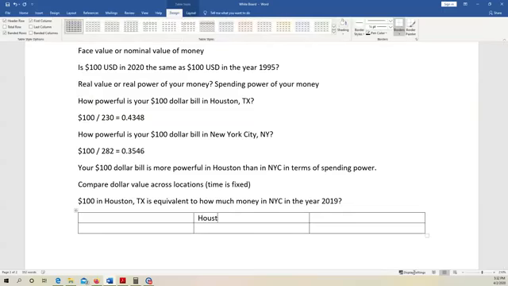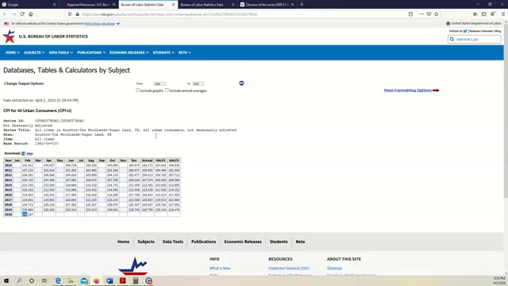So we have two cities, right? Houston and New York City. So we need to figure out the 2019 CPI information, the annual CPI number for these two cities. So what's the number for Houston? This is Houston, right? In the year 2019, the CPI is 228.